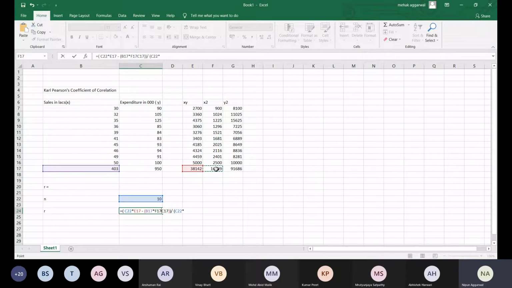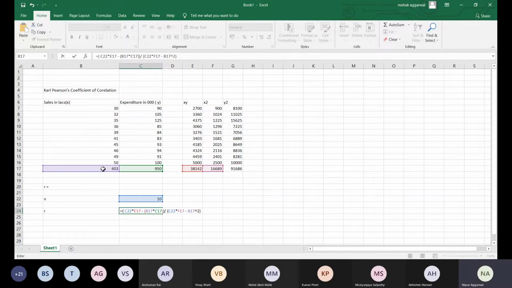So summation x square is this one. So this becomes n into summation x square minus of summation x whole square. So summation x is this, raised to the power square.